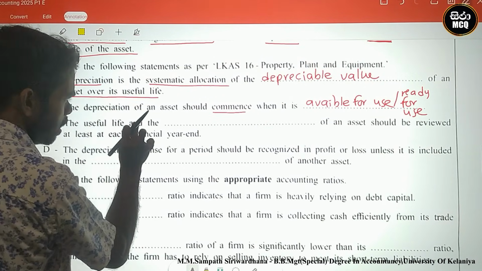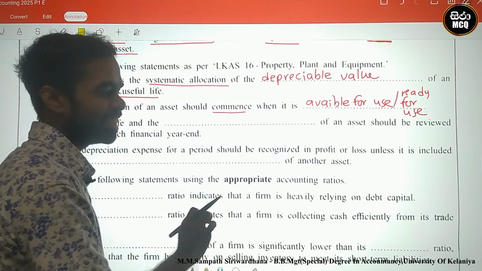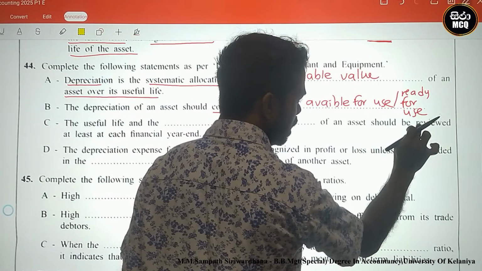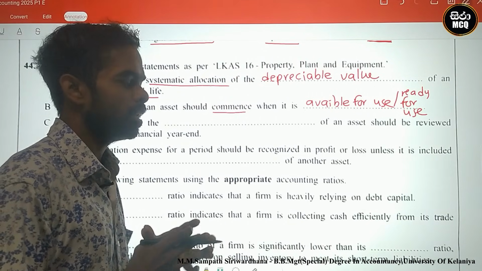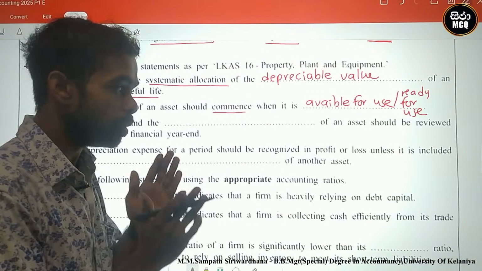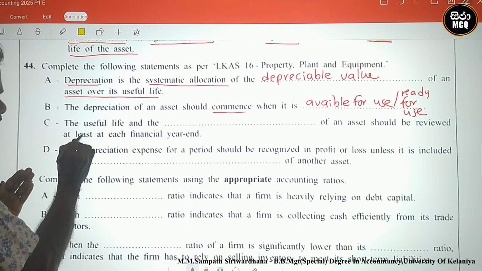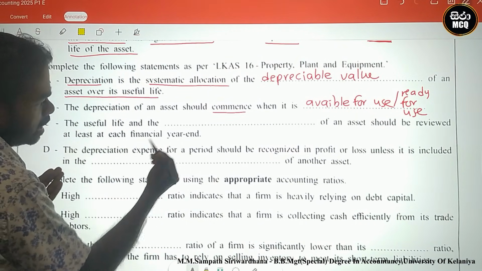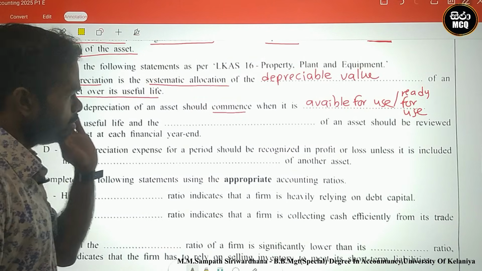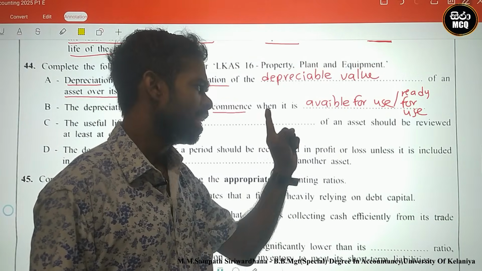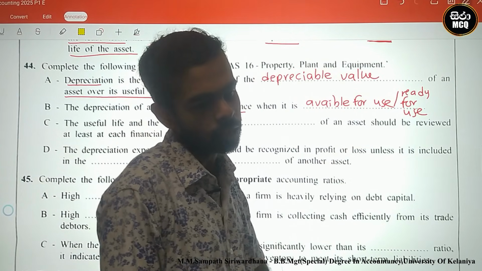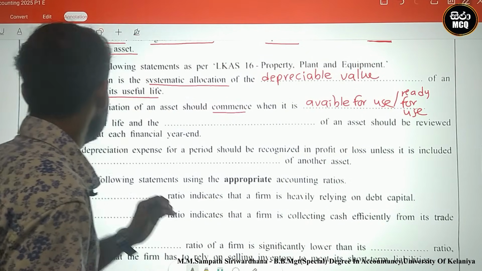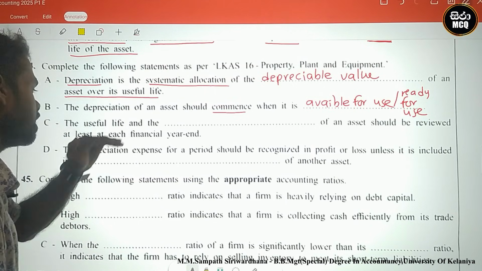Next one, look here: the useful lifetime and residual value of an asset should be reviewed. Reviewed means checking whether there is some change or whether it is stable, at least at each financial year end. It must be revalued at least each financial year.